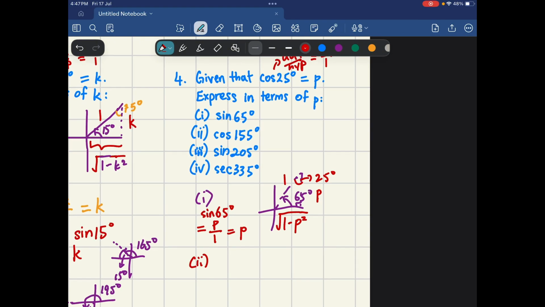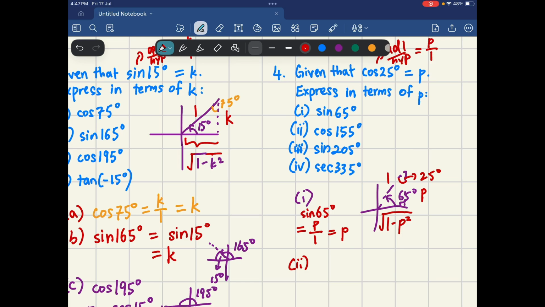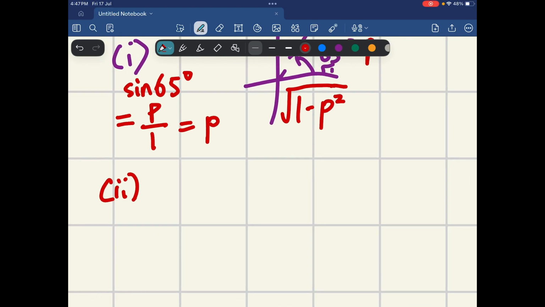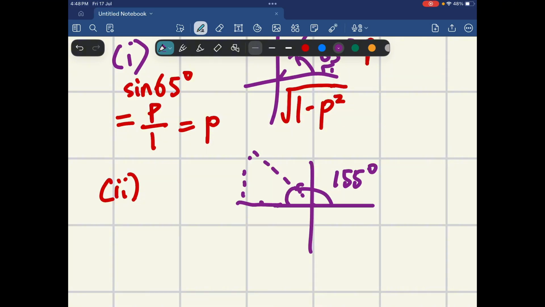II is cosine 155 degrees. So we want to draw out our diagram. So cosine 155 degrees is like that. So our reference angle is 25.